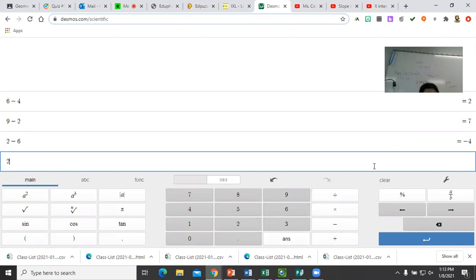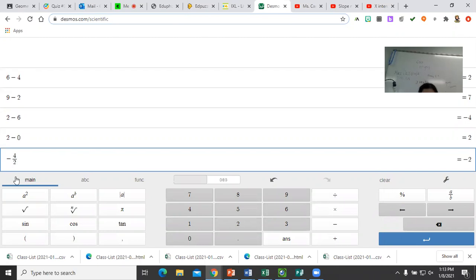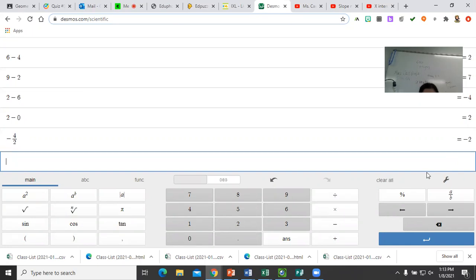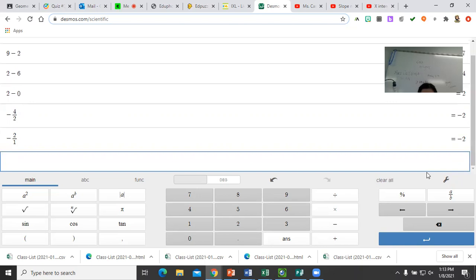I don't think you need to put this in the calculator, but 2 minus 2 is 0. So then you can type in the calculator -4 over 2 to see if it simplifies. See, it even writes it as a fraction for you, and it equals -2. And I could show you, -2 over 1 is the same thing as saying -2.